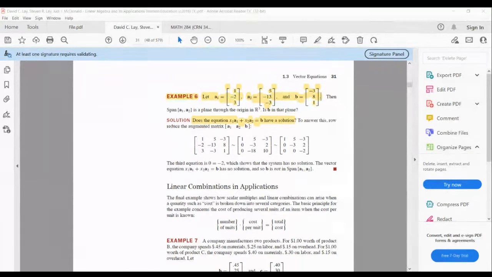All right, well, we're going to write down, as you see below, the augmented matrix for that vector equation. You see it there. And they do row operations.